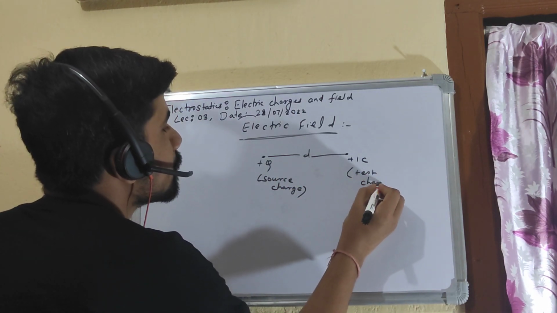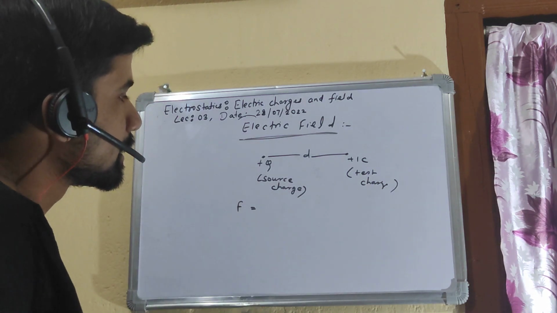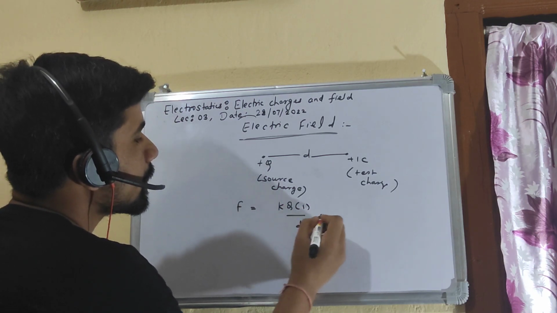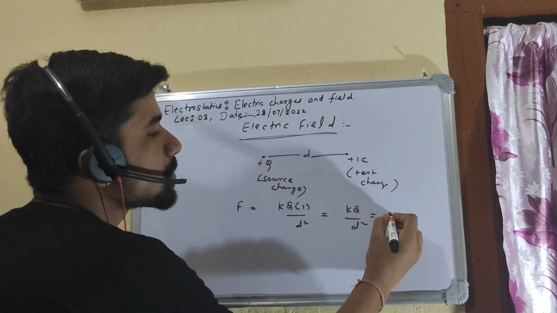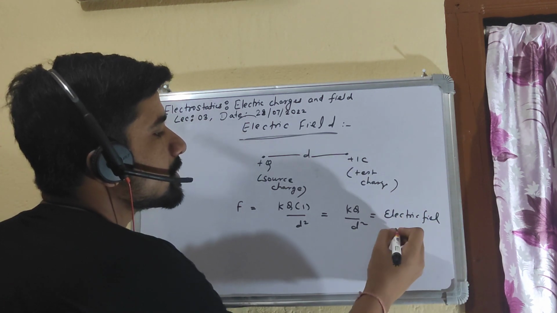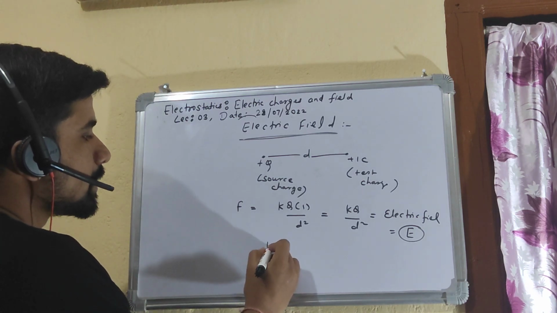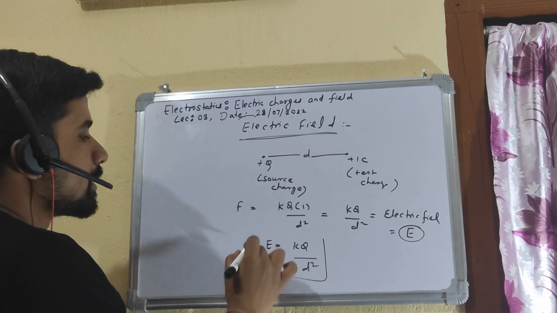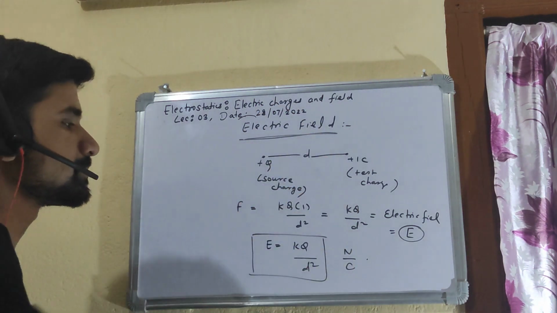Now the force on the test charge will be given by K q1 by d square, so this is kq by d square, which is an expression of electric field, and it is represented by E. So E is kq by d square, and obviously the unit for E is Newton per Coulomb, right?